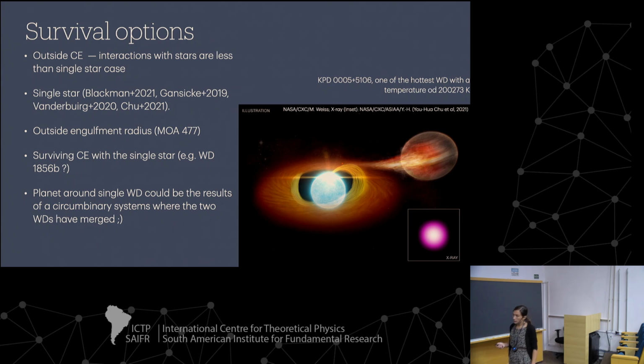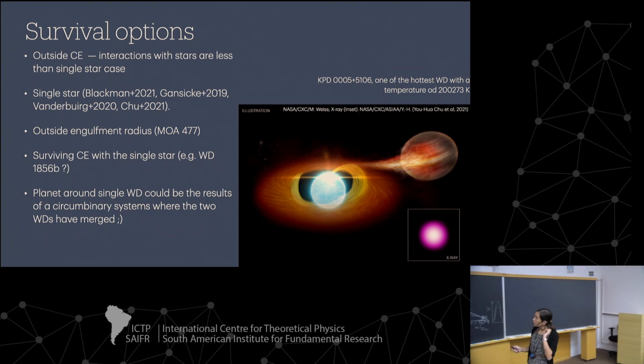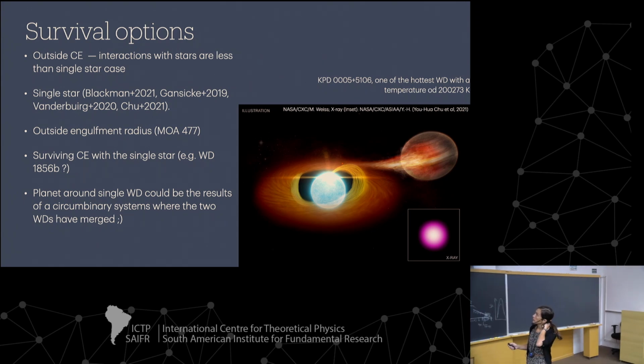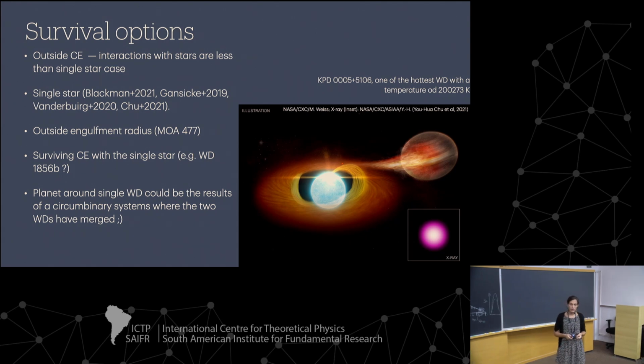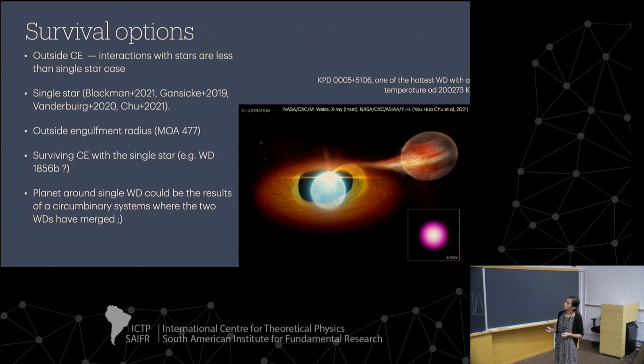Okay, so just to recap the survival options. You can have the planet survive because it is outside the common envelope, and in that case the interaction with the star is less than in the single star case. Then I included that we detected planets around a single white dwarf: Blackman, microlensing. Gänsicke, it was a spectral thing, but this is a giant exoplanet that is evaporating.